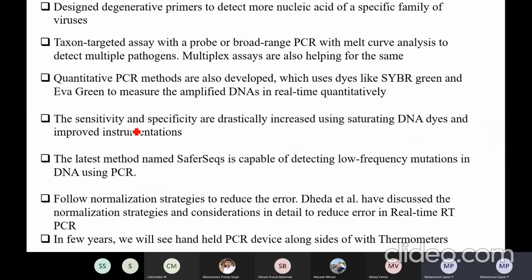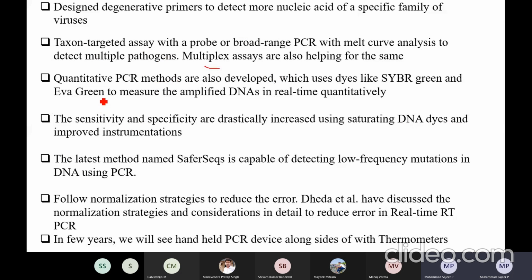And if there is a big family of viruses, people have designed heterogeneity primers to detect this specific family of viruses. There is also melt curve analysis and that kind of statistical technique to detect multiple pathogens. We also have multiplex assays which help detect several things together.